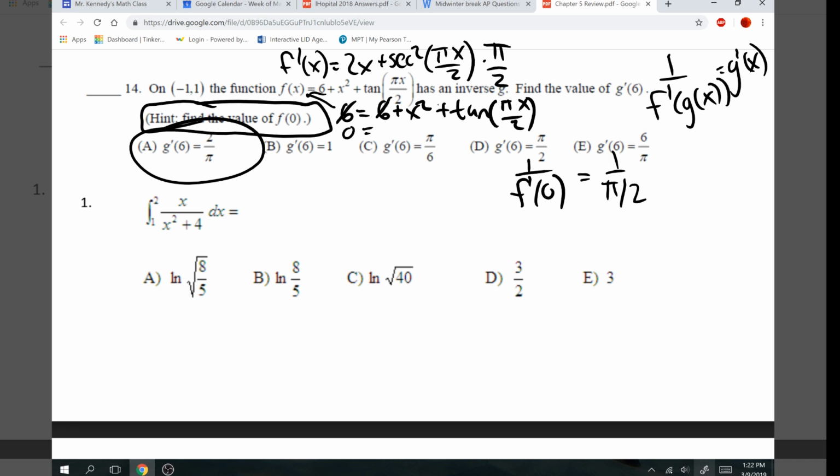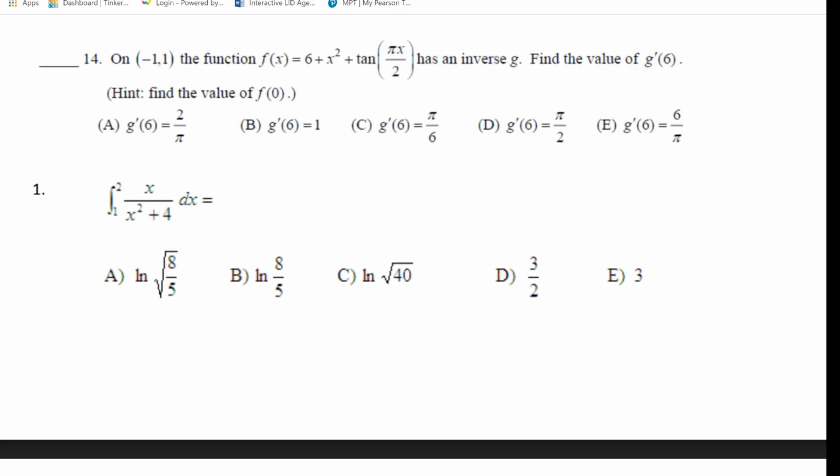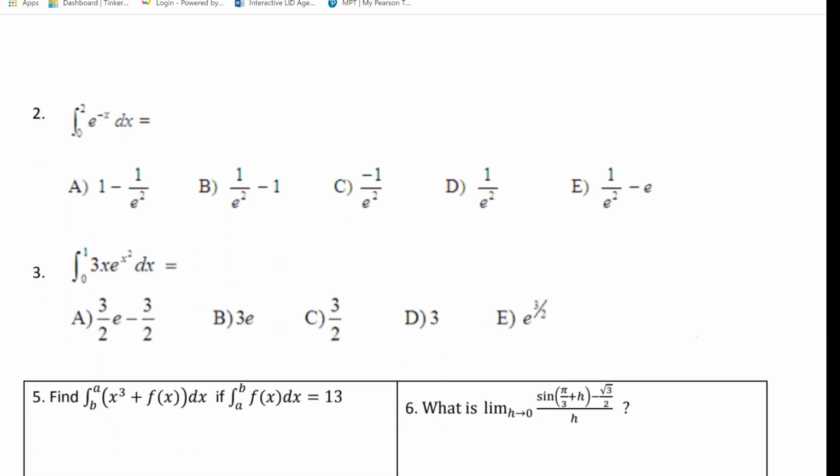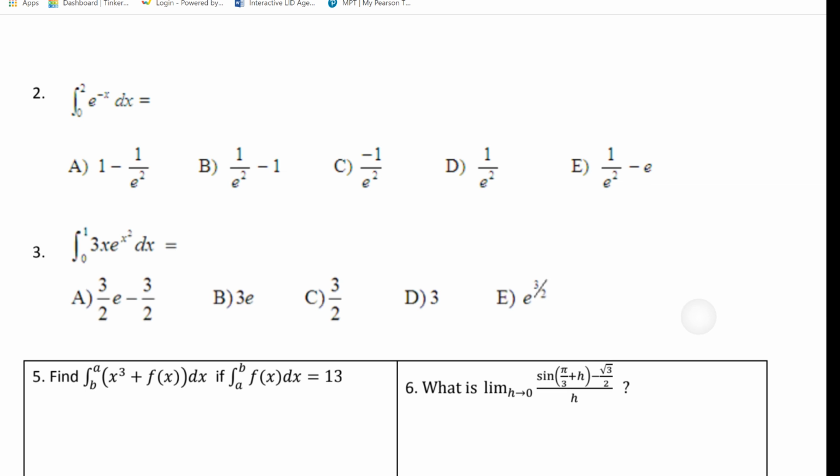I don't see the point of balancing this, because your probability chance is still equal on any question. So yeah, guessing is guessing. Yeah, I don't know. The rest of these are just like basic U-sub questions.